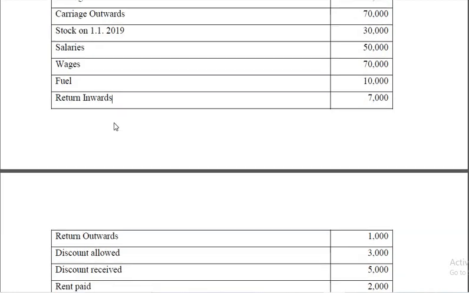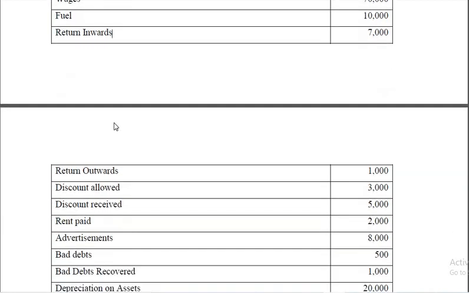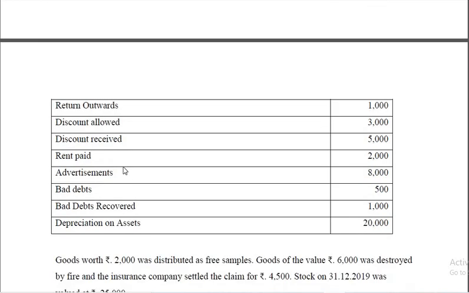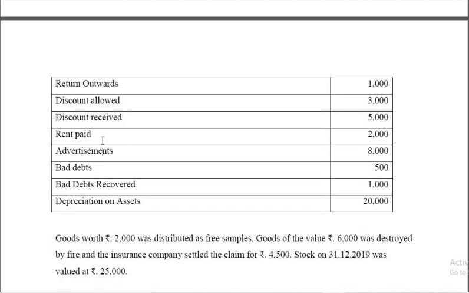Return inwards, I told you already, that is nothing but sales returns. Return outwards, that's nothing but purchase returns. Discount allowed, normally it's a debit, rather a loss. So it should be debited to profit and loss account. Discount received is income, therefore that should be credited to profit and loss. Rent paid should be debited to profit and loss.